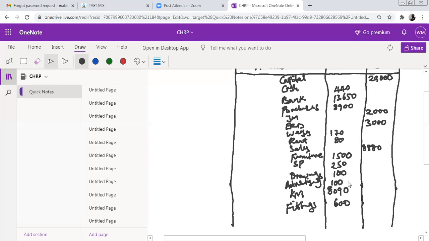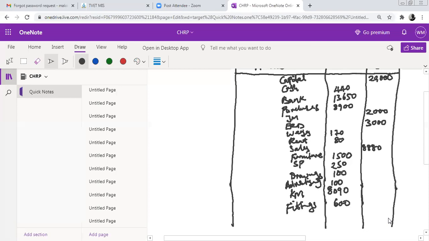Everything is captured? Looks like so. Yes, everything has been captured.